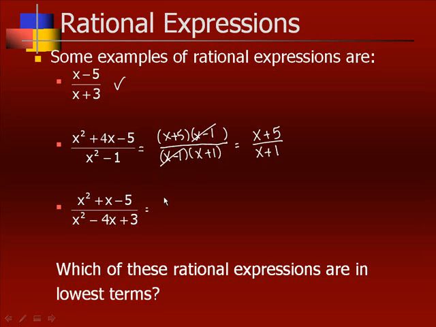Now the third one, the x squared plus x minus 5 will not factor. The denominator will, x minus 3 times x minus 1, but because there are no common factors in the numerator and the denominator, we say it's in lowest terms.